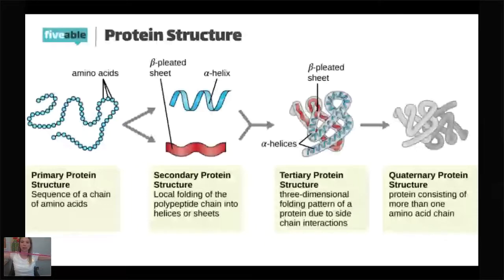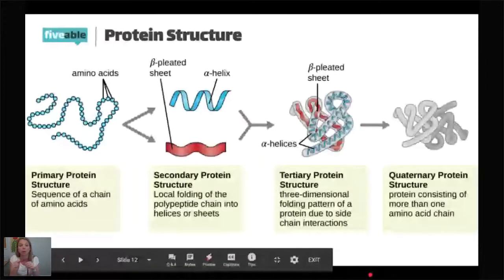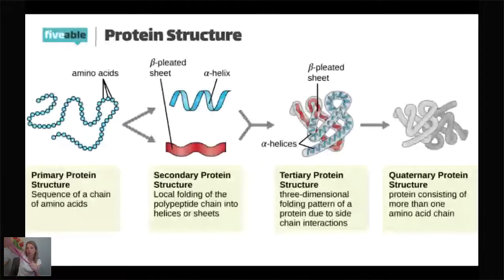It just gets tangled up. But keep in mind, I told you about these R groups. Those R groups, depending on what they are and their polarity and their charge, are going to bond with other parts of the protein. And so it's going to fold in a highly, highly, highly specific manner.